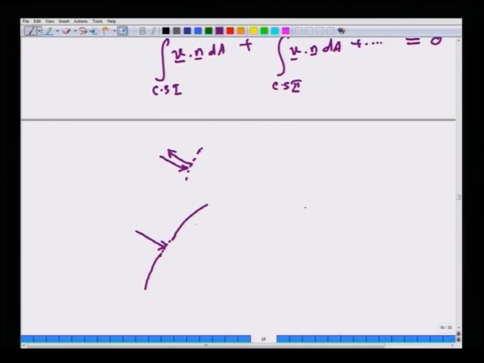So, even if you have a CV in which you have a jet flowing like this, suppose you have a jet impinging on a surface, a conical surface, and it is leaving.